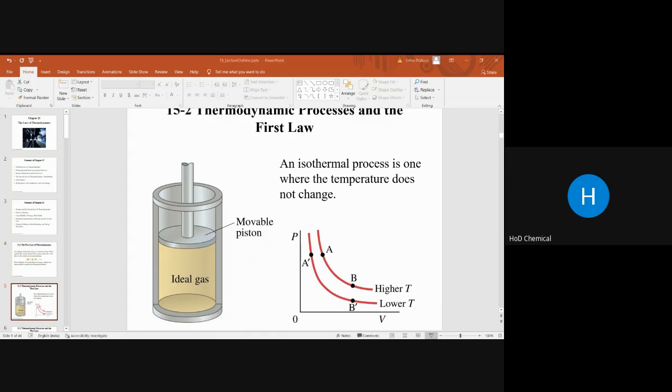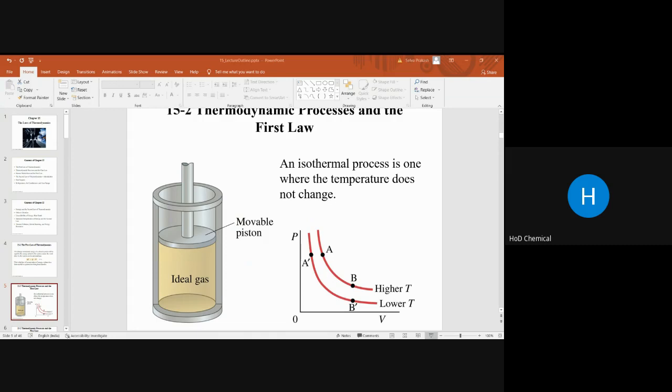Briefly, an isothermal process is a process occurring at a constant temperature. Simply, you have to remember this: an isothermal process is a process occurring at a constant temperature. Now the next one is the adiabatic process.